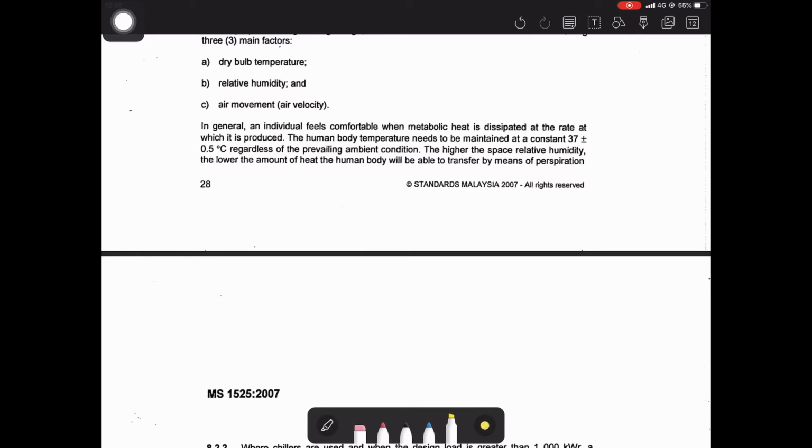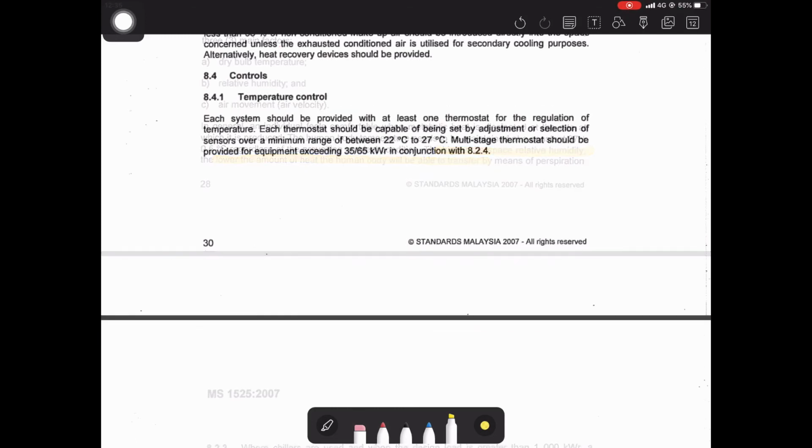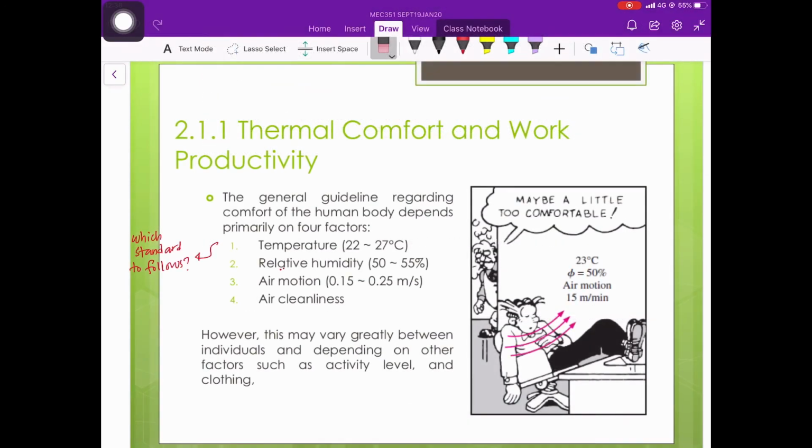If the relative humidity is high, the amount of heat that the human body will be able to transfer will be lower by means of perspiration. The dry bulb temperature should be in range of 22 degrees Celsius to 27 degrees Celsius as stated in MEC351. This is the general items that we need to consider when we want to design an air conditioning system.